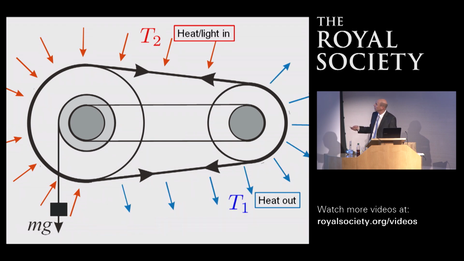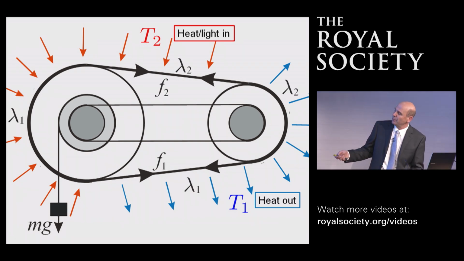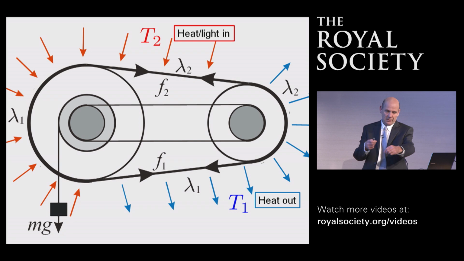And then as it continues around, we have this in the dark, or we let the heat out. It will then try to recover, and it gets longer, as you recall, when it's in the cold state. And so this is not so stretched, and the force is lower. So on the side where the temperature T1 is low, then the force is low, and the extension is much elongated.